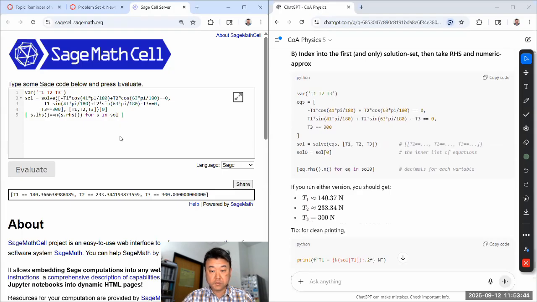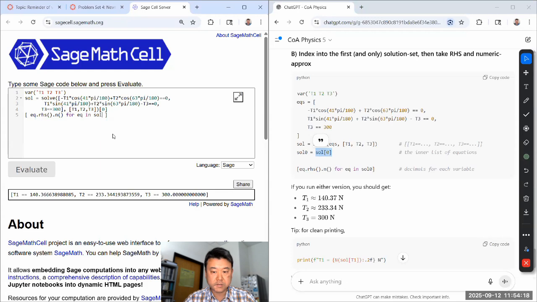So if you do that, you might recognize doing this is equivalent to having done this. So I get Sol, and here what we would do is, yeah, I think I can just follow that equation's right hand side, for equation in Sol.